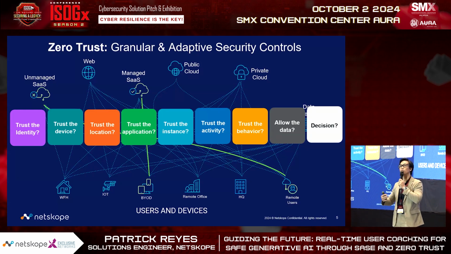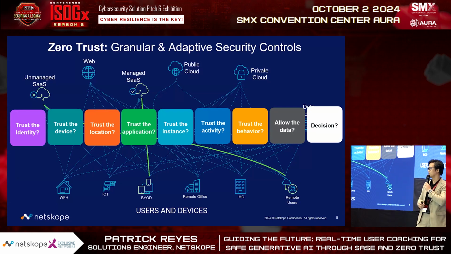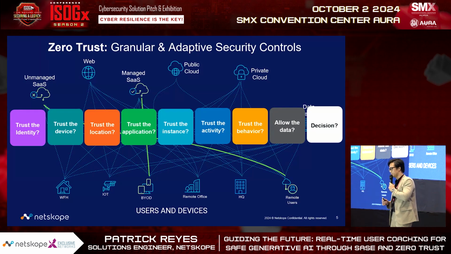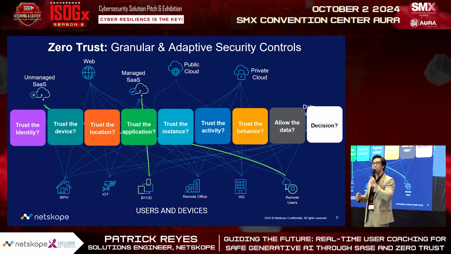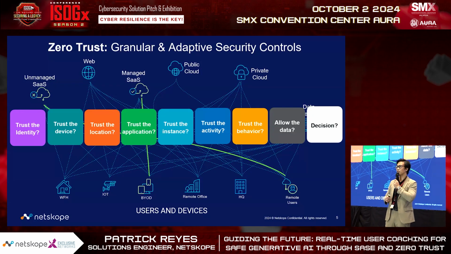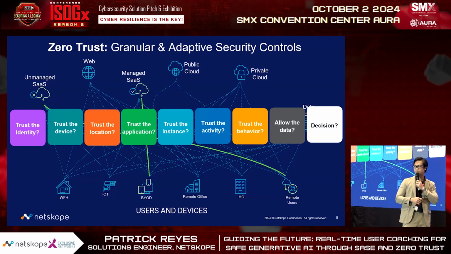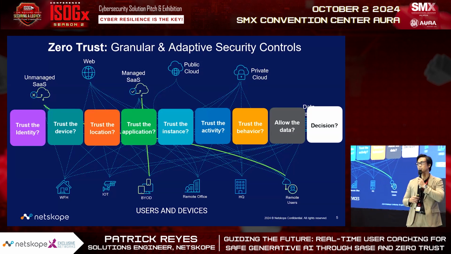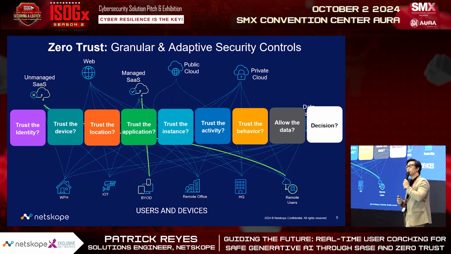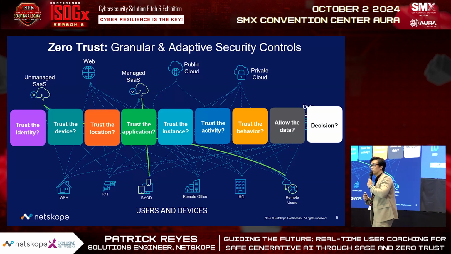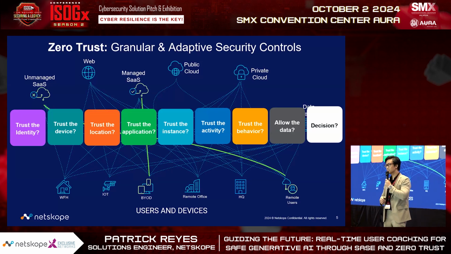Are they working at home or maybe outside the office or maybe outside the country, which definitely is risky? How about the applications that they're using? Are they corporate applications? Are they shadow IT applications, which obviously is risky? It also involves verifying if they're using a personal application instance or maybe a third-party instance.